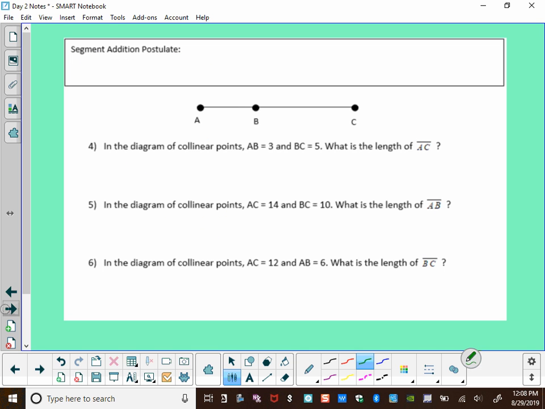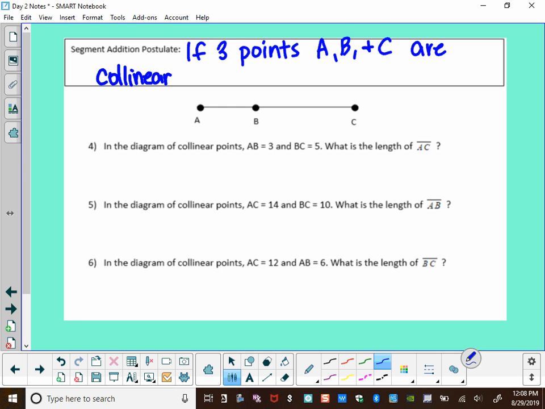All right. Segment addition postulate. This means if 3 points, A, B, and C, are collinear, we're going to put what collinear is: points on the same line.